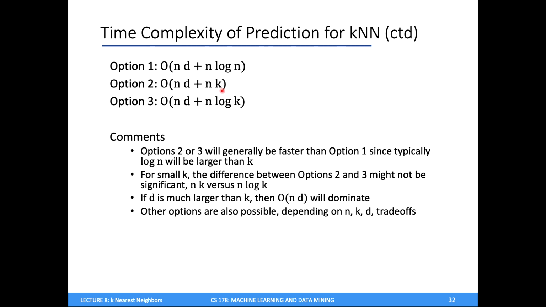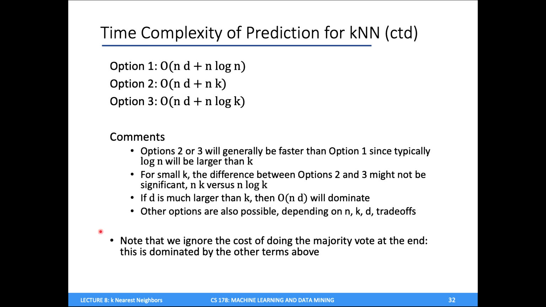We have an nk term versus an n log k term. So if k isn't very large, the number of neighbors isn't very large, options 2 and 3 are going to be pretty similar. And in general, if the dimensionality of your data set is much larger than the number of neighbors, then this first O(nd) term is going to dominate.